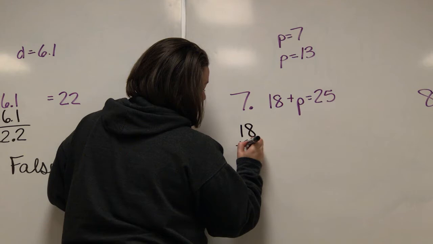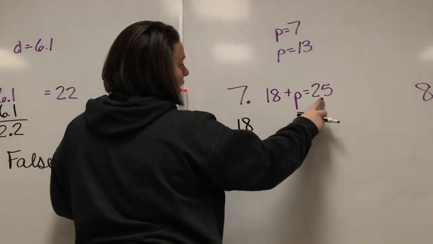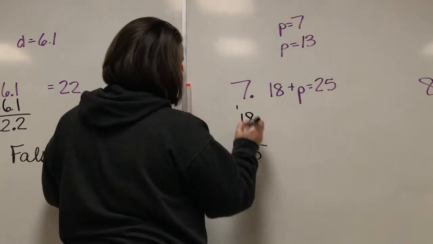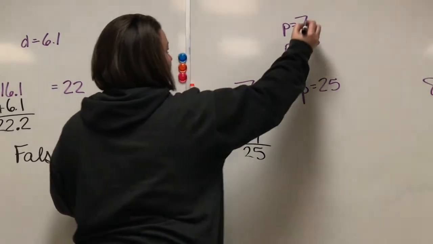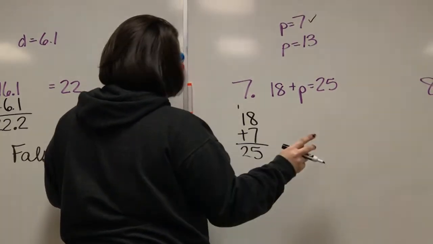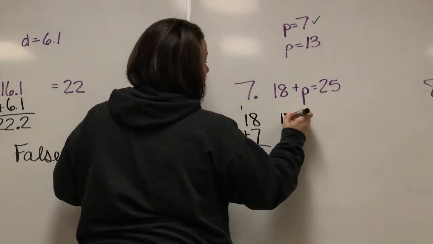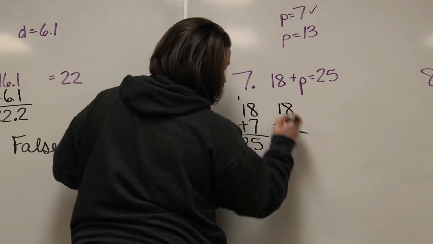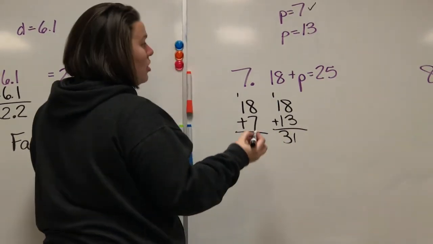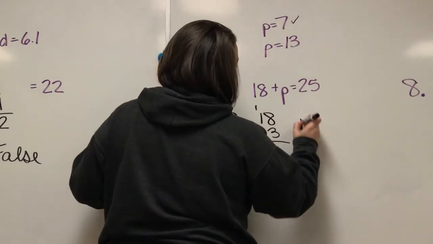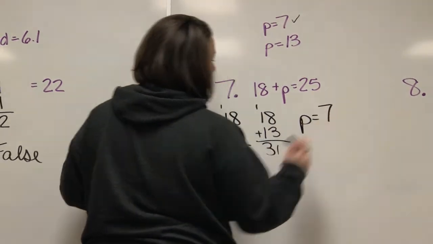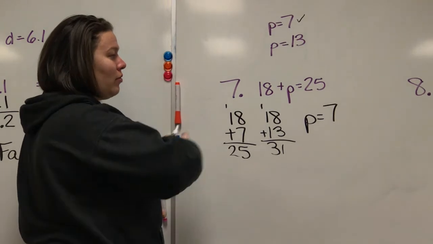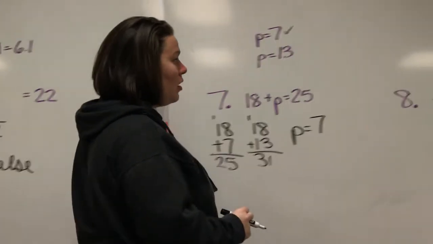So 18 plus 7, and we're trying to get to 25. 5, carry the 1, that's a 25, so that's a possibility. Double checking, I just don't want to do the first one and assume. And that would be 31. So I would say that P is equal to 7 because it gives me a choice, so I want to write out the correct answer.